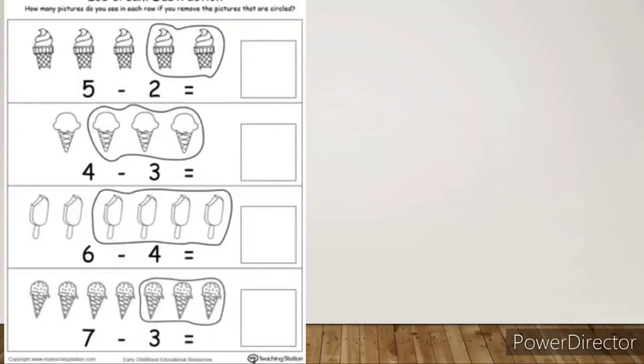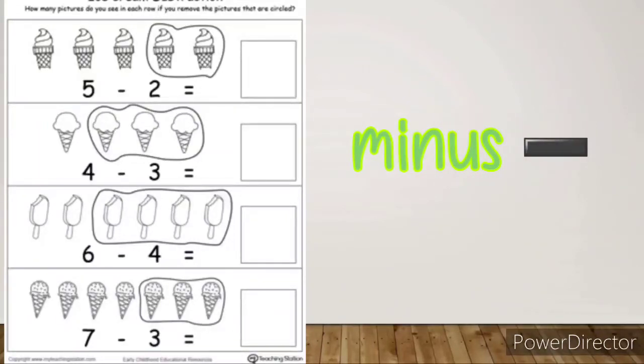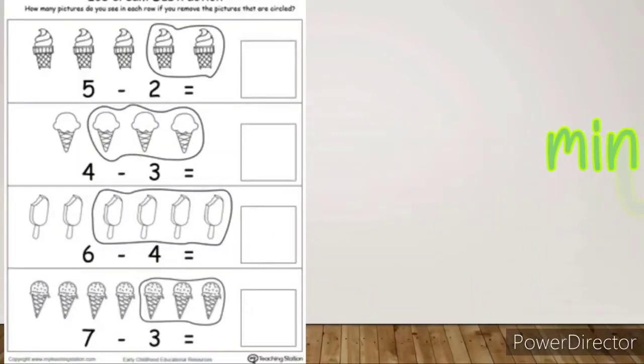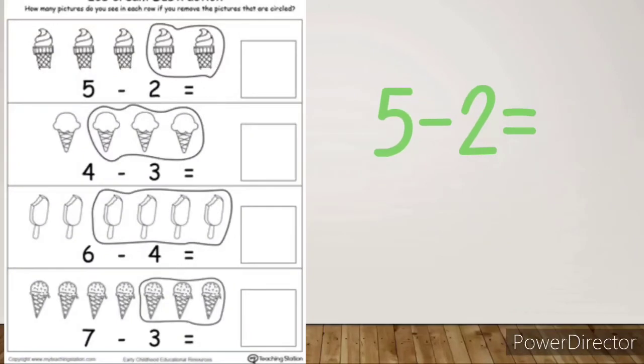All right, let's look at these practice examples here. You see the minus sign in your number sentences and your math sentences. Our first one, we see some delicious ice cream cones. Wait a minute, this is all ice cream. Awesome. So our first example says 5 minus 2 equals.